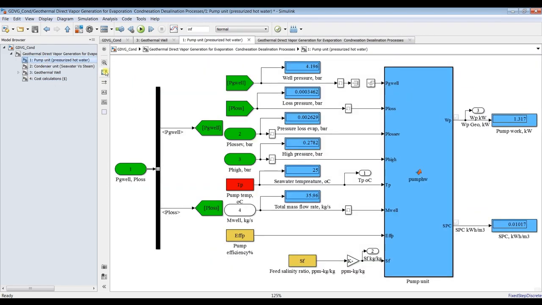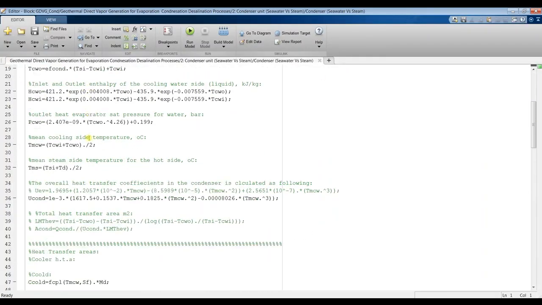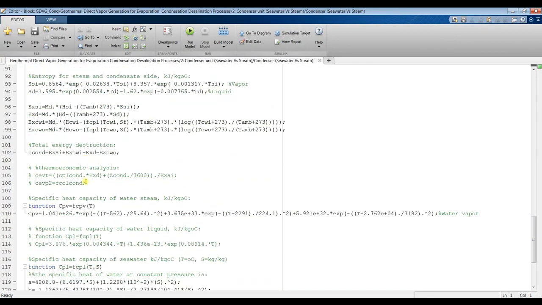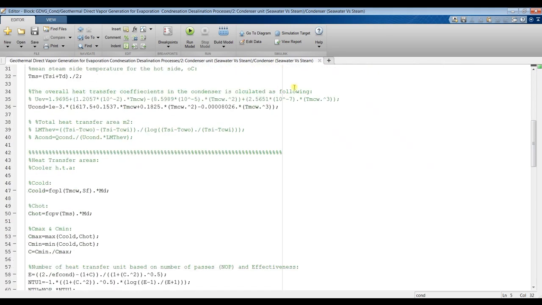You can also go into each block, double click, and edit your block, removing something, adding something, adding a new parameter. These are your inputs, these are your function, and these are your outputs. So you can edit your model and reform it as well.